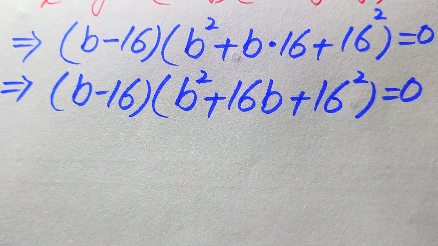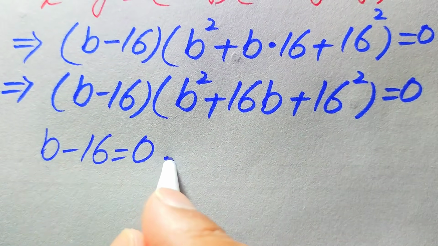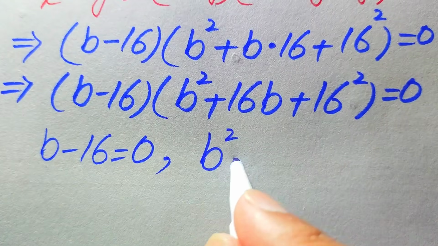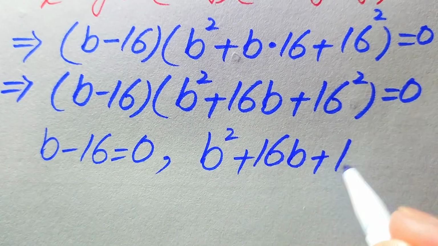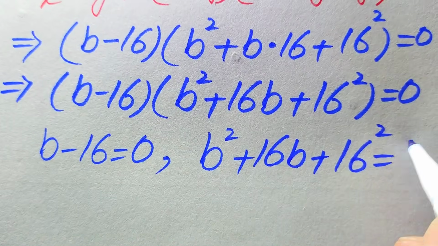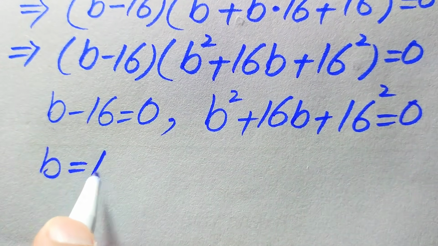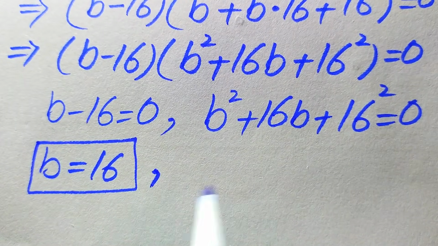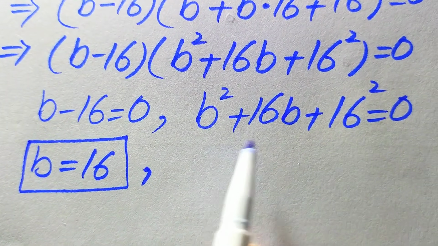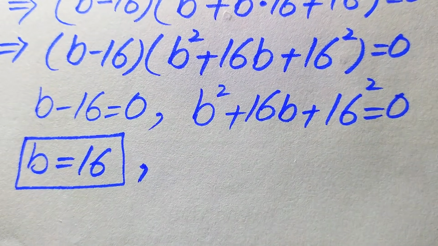Now we divide this equation into two cases. The first case is b minus 16 is equal to 0, and the second case is b squared plus 16b plus 16 squared is equal to 0. From the first case we easily get the value of b is equal to 16. This is the first real root of the given equation. The second is a quadratic equation, and here we apply the quadratic formula.